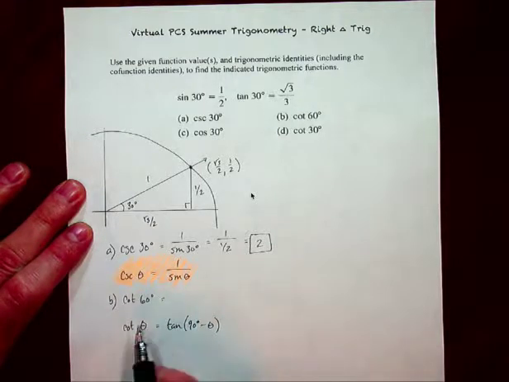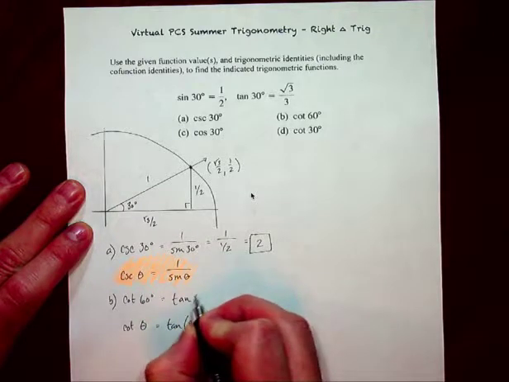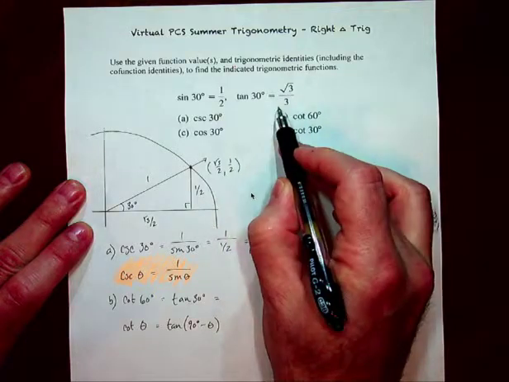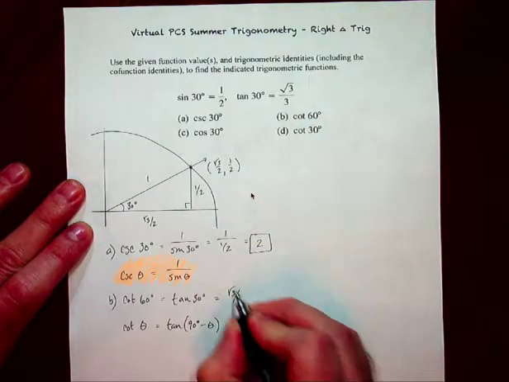That means if theta right here is 60 degrees, 90 minus theta is tangent of 30 degrees, and that we already have told to us explicitly in the given, and it winds up being root 3 over 3.